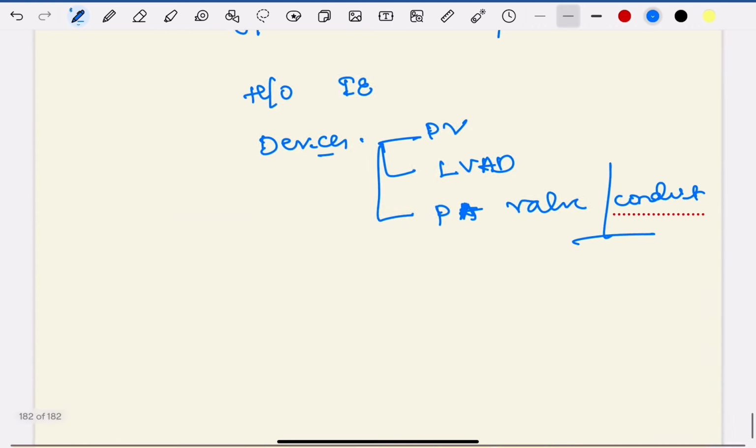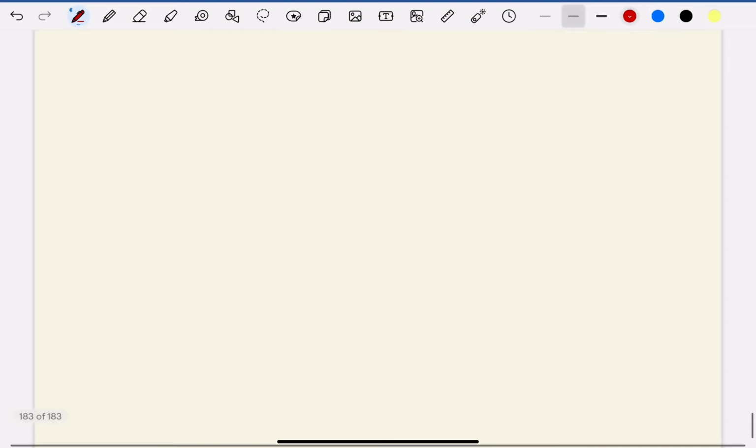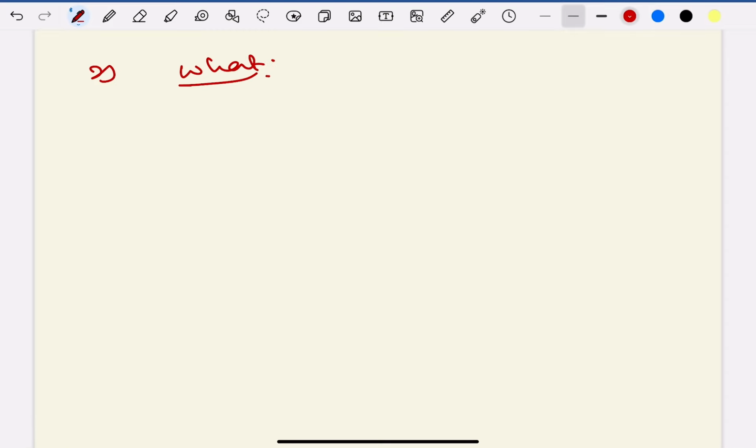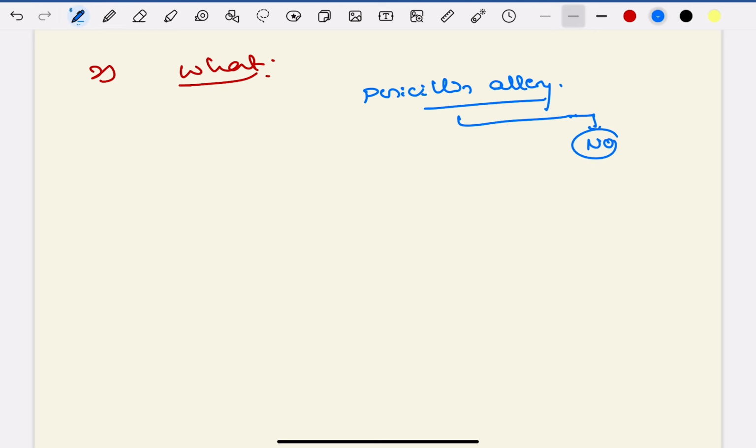So the second question is, what drug should be used? For that you have to know whether the patient has penicillin allergy or not. If the patient does not have any penicillin allergy, you can use either oral or IV drugs.